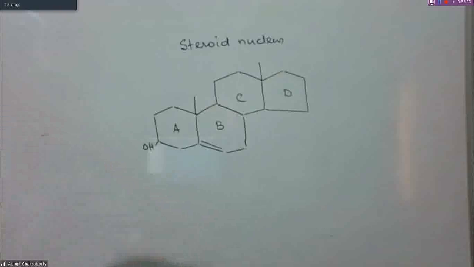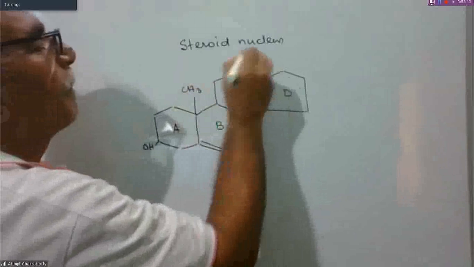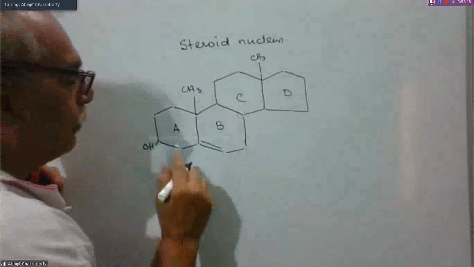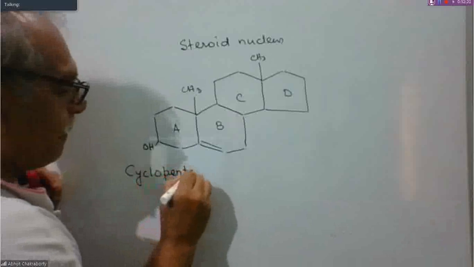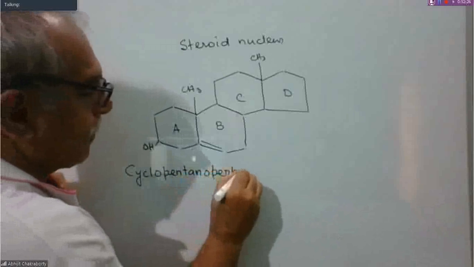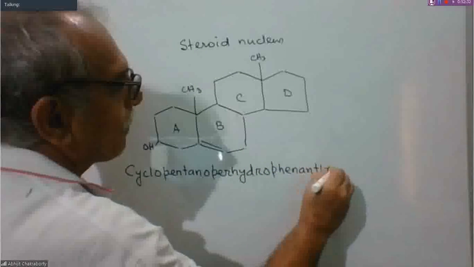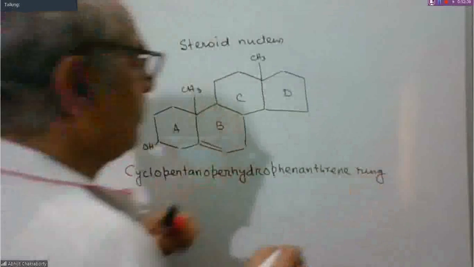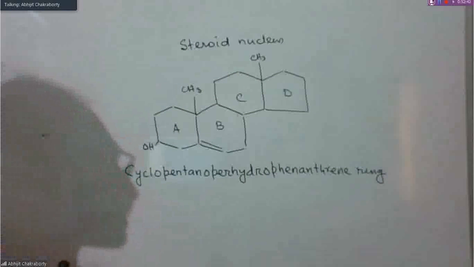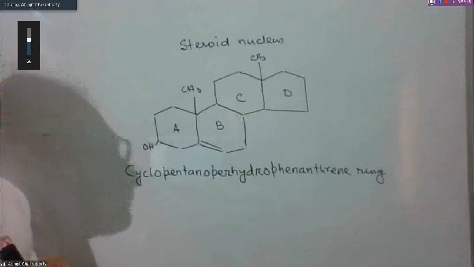Is it clear? The steroid nucleus is called cyclopentanoperhydrophenanthrene ring. A, B, C represent three rings.